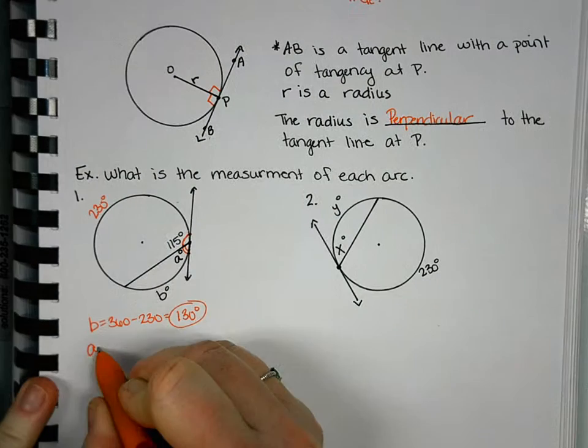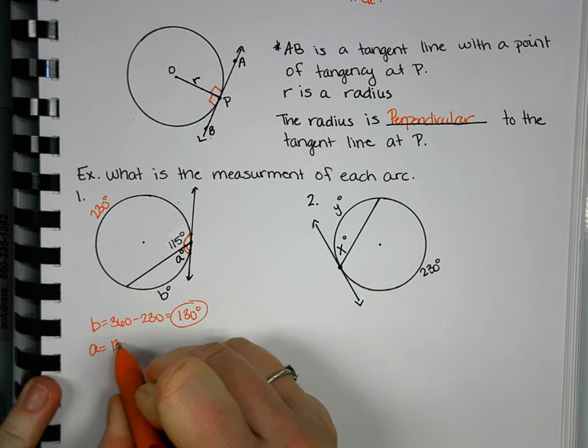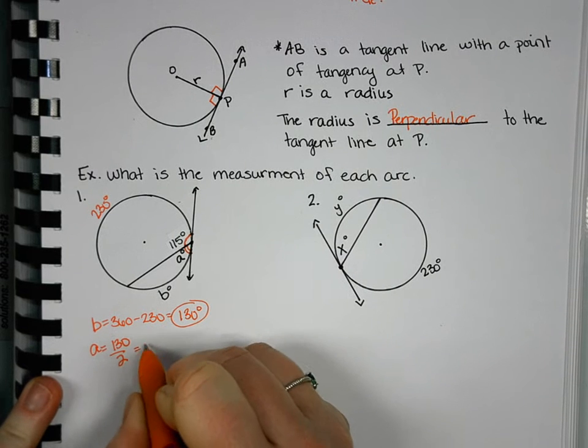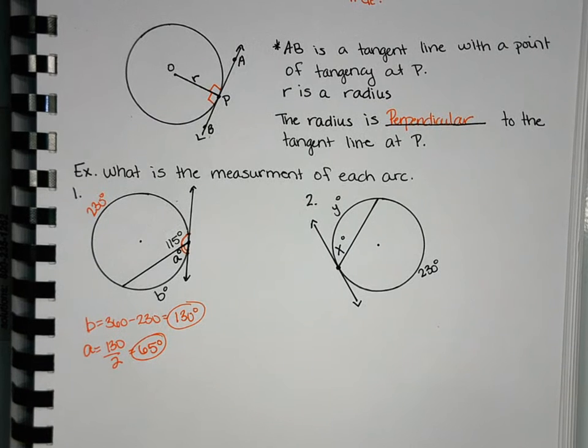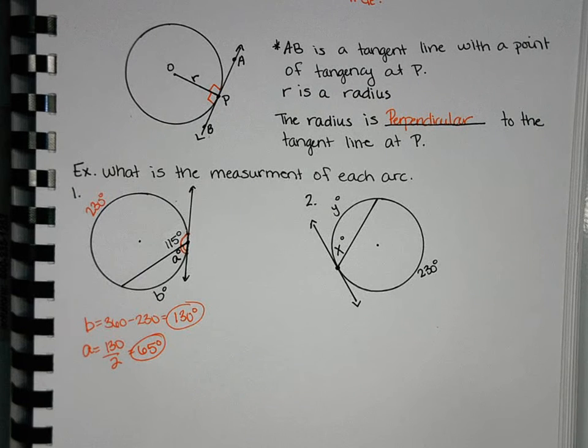So A is going to be 130 divided by 2. So we treat it the same way as the inscribed angle because it still fits that definition of a vertex on the circle. They just look a little different because one's a tangent and one's a chord.